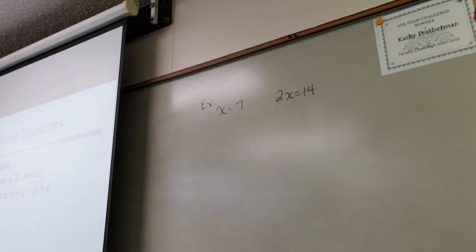Okay, so moving on, you have the addition principle. What it basically says is that you can add or subtract the same thing to both sides of an equation, and the equation will remain true.